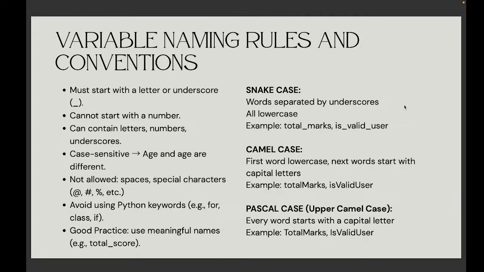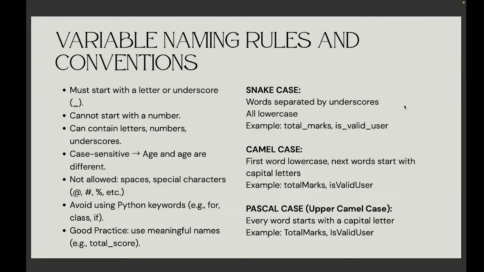Now we will look at some variable naming rules. So the rules are there on your screen. We cannot start a variable with a number. It must start with a letter or an underscore, but in programming practice, we usually do not start a variable using an underscore. We start with an alphabet.